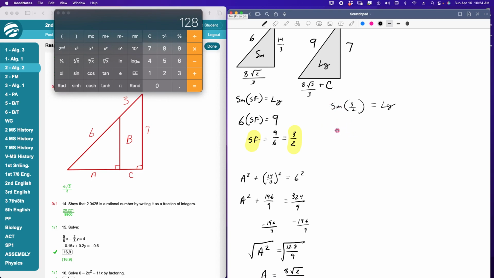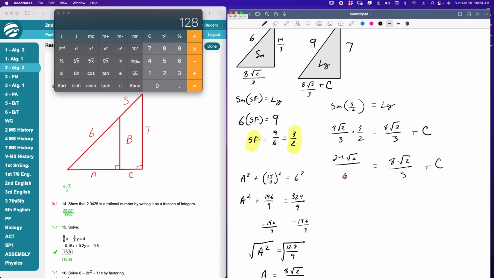So the small one, 8 times the square root of 2 over 3, times 3 over 2 is equal to 8 times the square root of 2 over 3 plus c. So let's do the calculation here. 8 times 3, that's 24 times the square root of 2 over 6 is equal to 8 times the square root of 2 over 3 plus c.